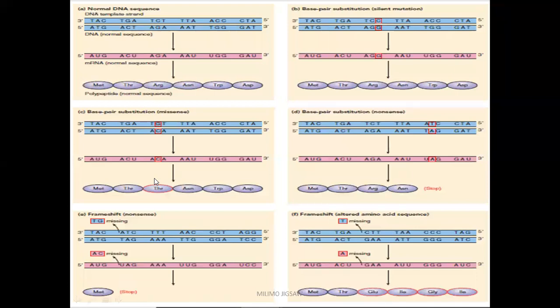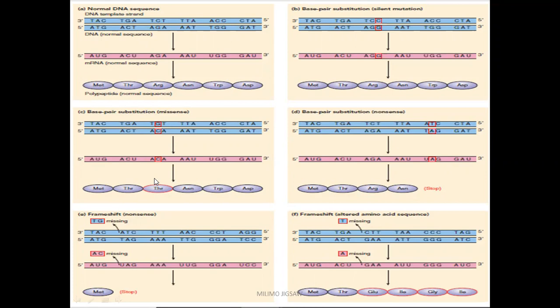What I'm saying is that in a transition mutation, a pyrimidine will be substituted by a pyrimidine, or a purine will be substituted by a purine. So the transition mutation does not change the type of base in the base pair that has been substituted.